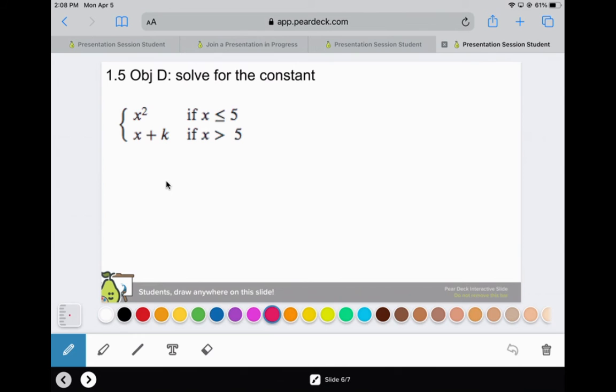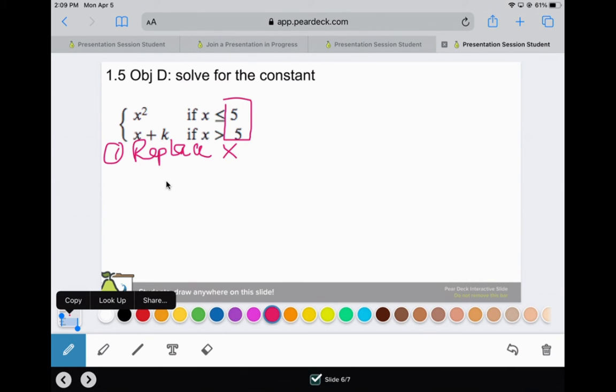Right, the last objective that I want to test is to solve for the constant, the missing letter, which is K in this case. Sometimes it's A, sometimes it's C, whatever they would tell you, okay? So step 1, replace X. Okay, what do we replace the X with?